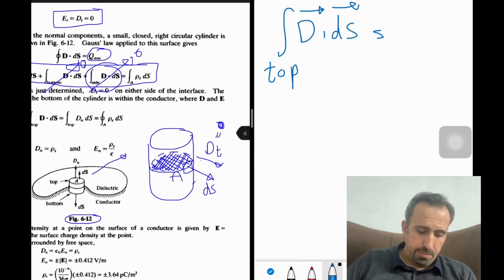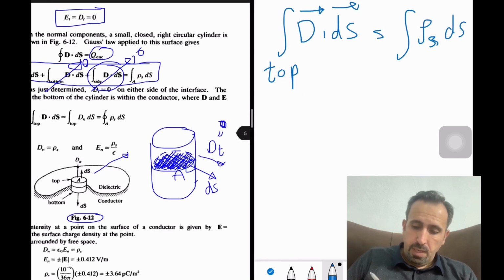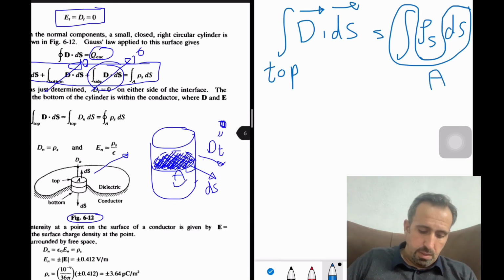You can see what will be Q enclosed. It will be just over this area. So I can say that it is the closed integral of rho s ds, and sure the integration of this will give you this area.